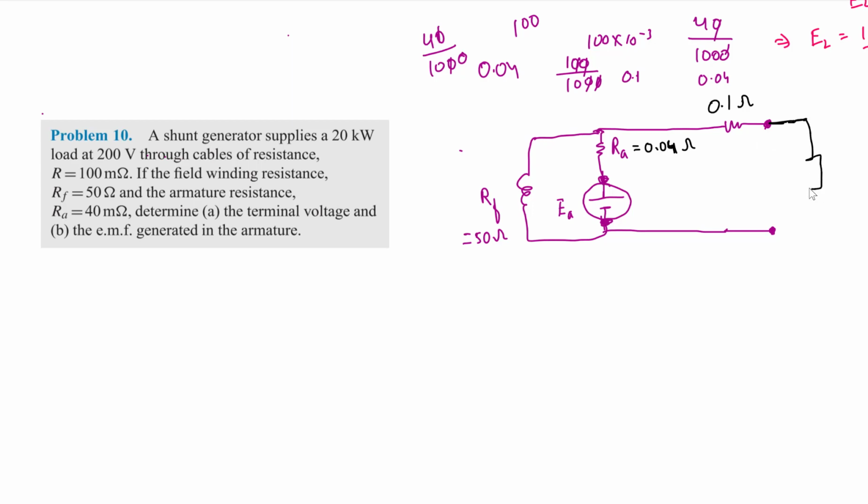This is the load which is consuming power of 20 kilowatt, and the shunt generator supplies the 20 kilowatt load at 200 volt. So this voltage is 200 volt.